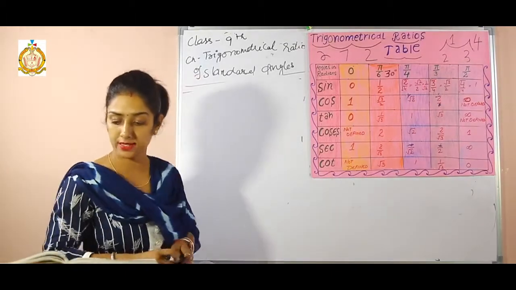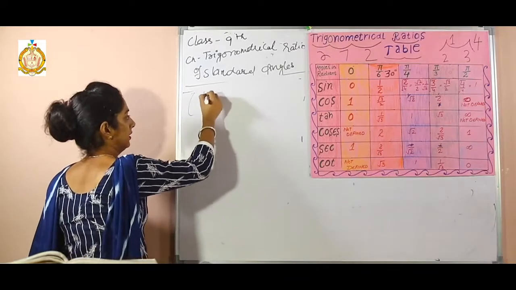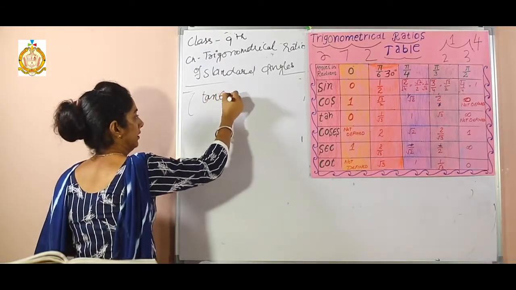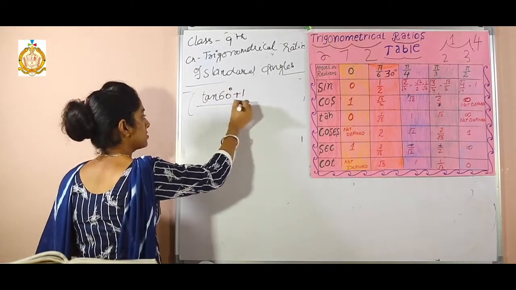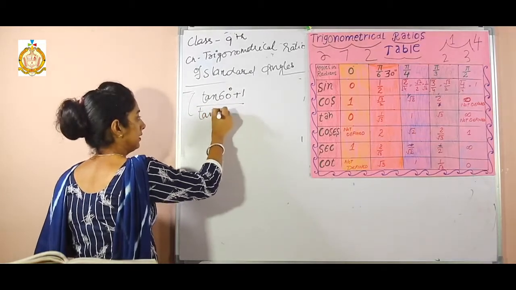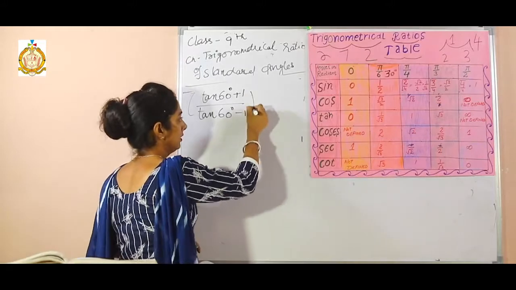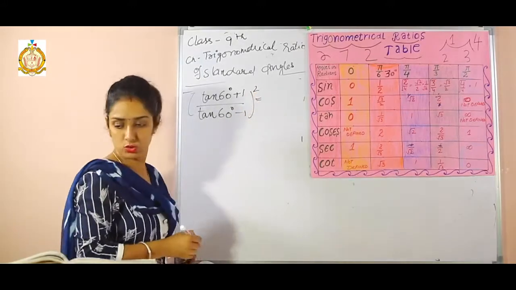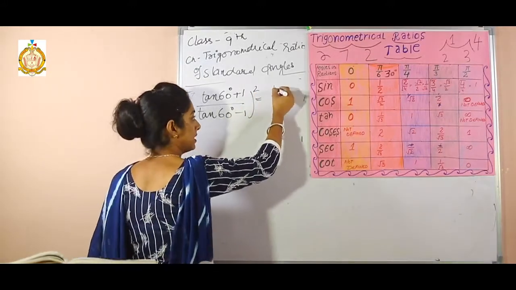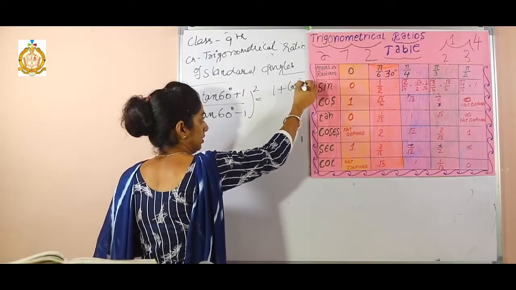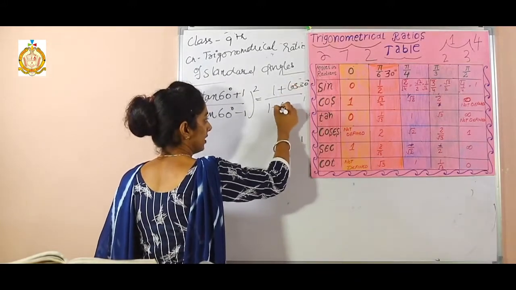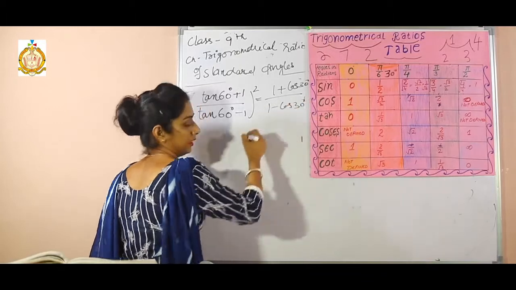See, there is a question: tan 60 degree plus 1 over tan 60 degree minus 1, whole square, is equal to 1 plus cos 30 degree over 1 minus cos 30 degree.